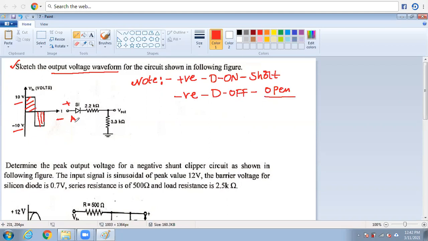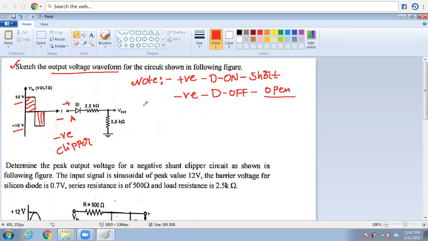So in this circuit, this negative portion is trimmed, this negative portion is removed. So this is called a negative clipper. The negative portion is clipped.